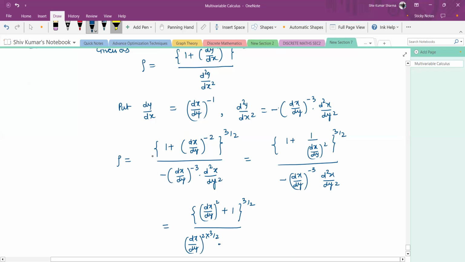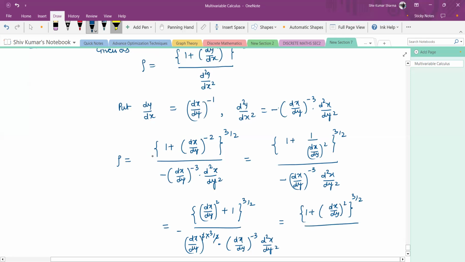Into, we write down directly the denominator of this also. So this can be written as (dx/dy)^-3 into d²x/dy². So here this 2 to 2 cancelled. So this we can write down as (1 plus (dx/dy)²) whole to the power 3/2 upon.